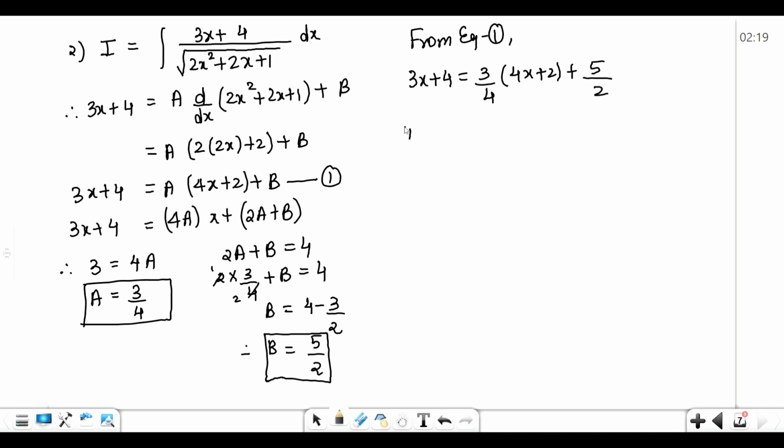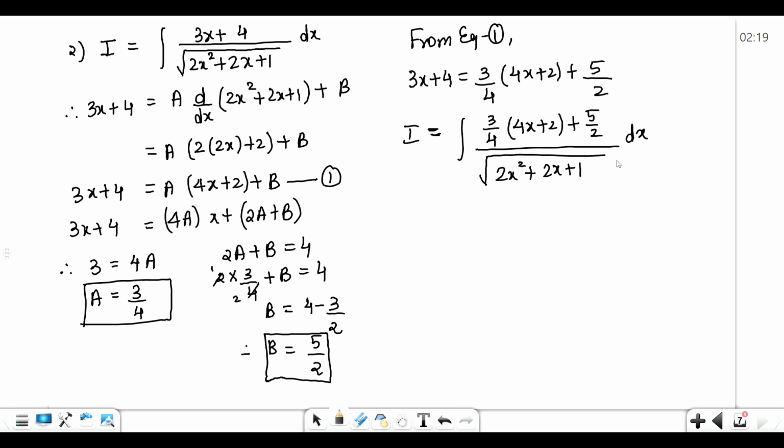I is equal to, we'll replace this, integration of (3 upon 4 (4x plus 2) plus 5 upon 2) the whole upon square root of 2x square plus 2x plus 1 dx. I will separate this. That will give you 3 by 4 integration of (4x plus 2) upon square root of 2x square plus 2x plus 1 dx.